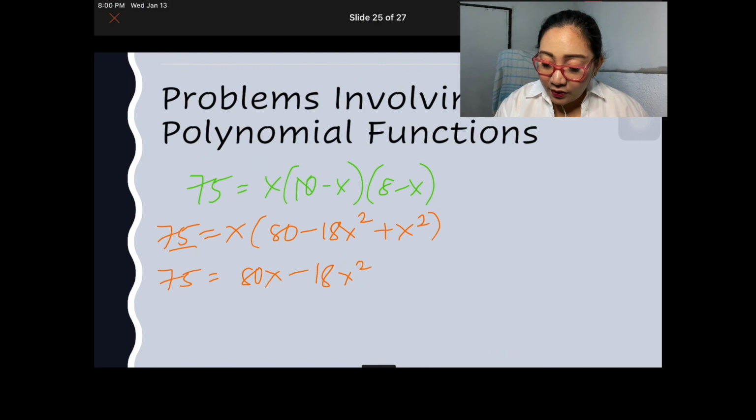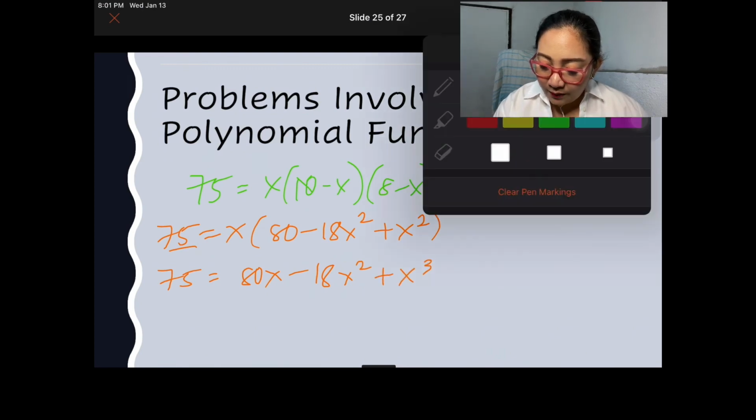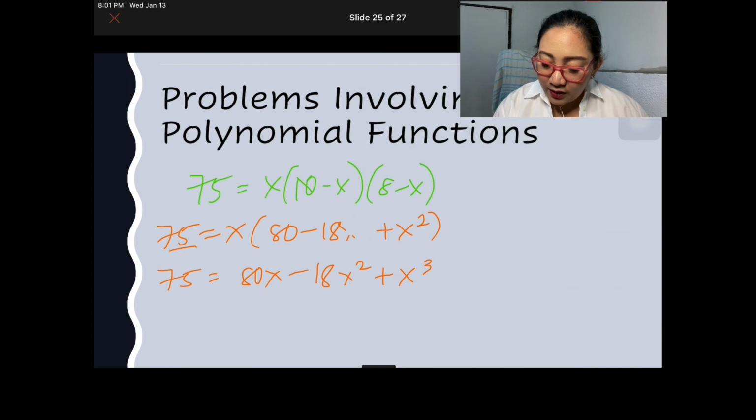And then, rearranging, it will give us, medyo hatiin ko lang ha, x cubed minus 18x squared plus 80x minus 75. So, yan na po ang ating equals 0. Yan na po ang ating equation.